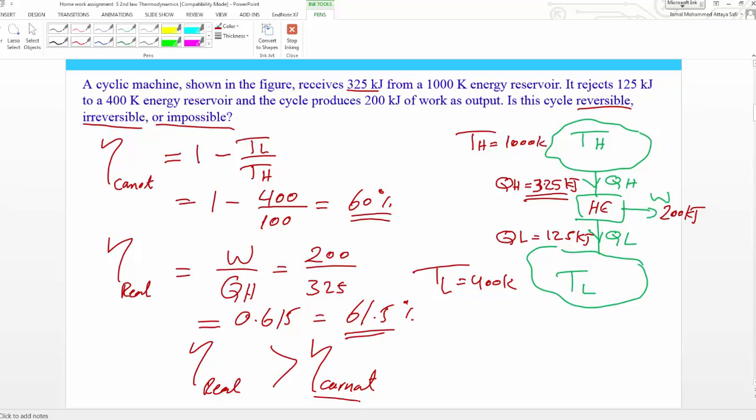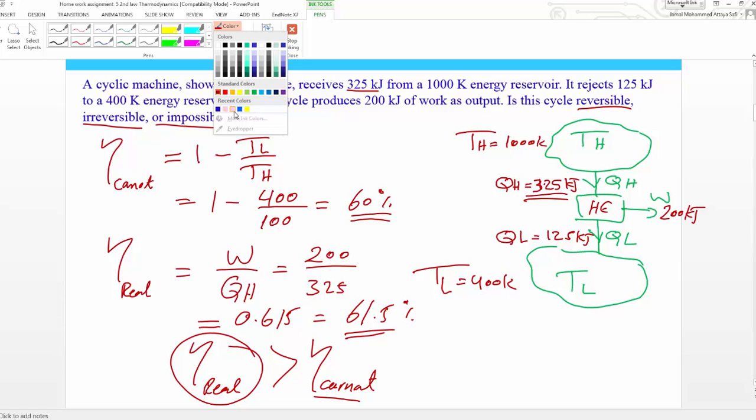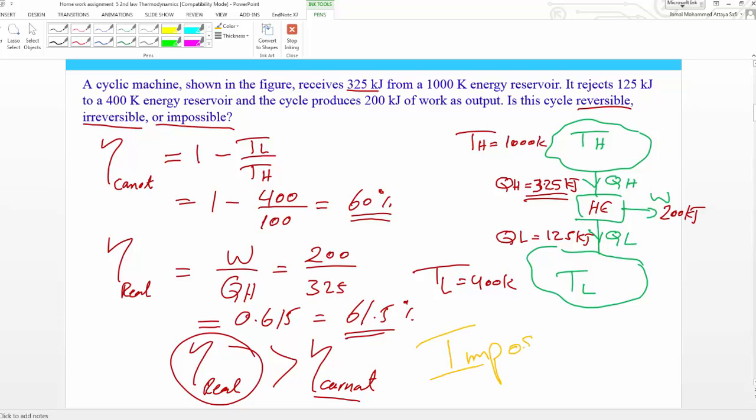You cannot construct a real engine that is more efficient than Carnot efficiency. So this will be impossible, and I will write it in a different color so you know that this is important. It's impossible. So if somebody is telling you that they have built this machine, then you know that it's not correct.